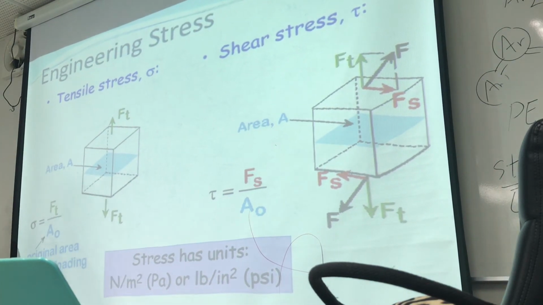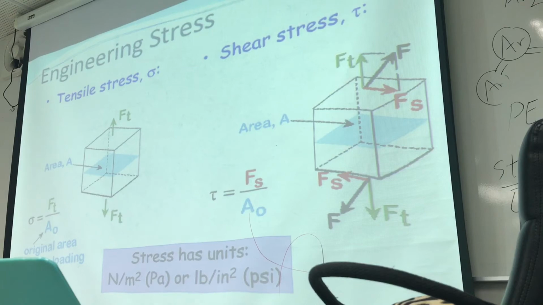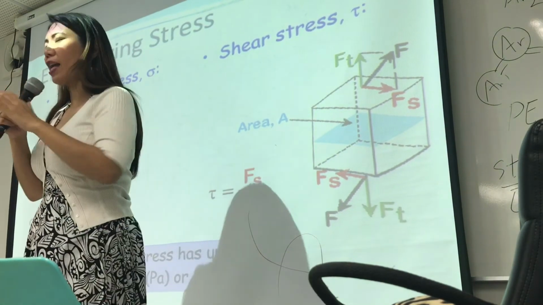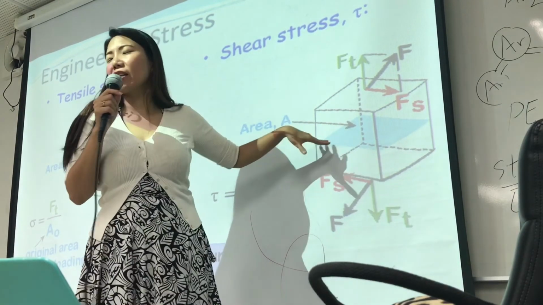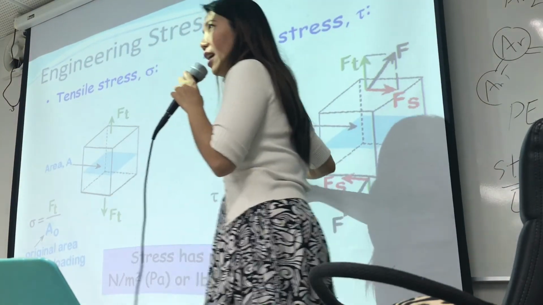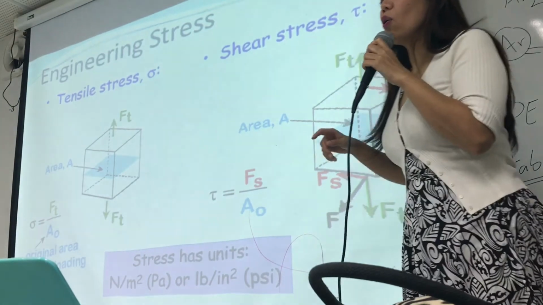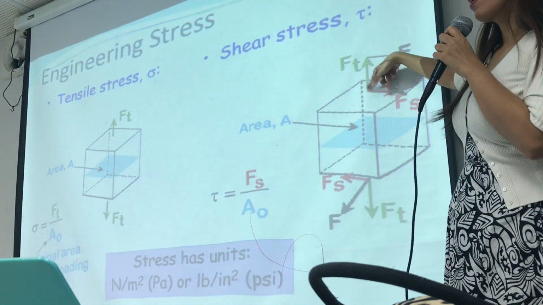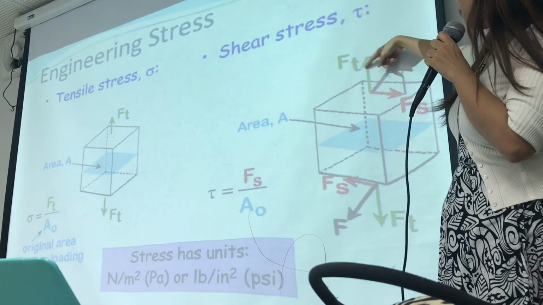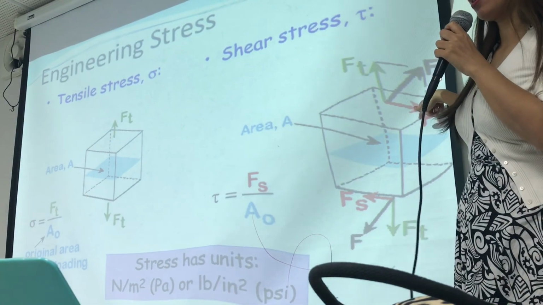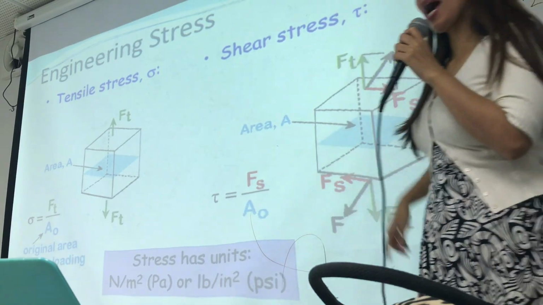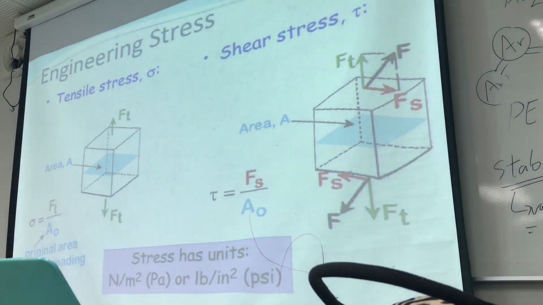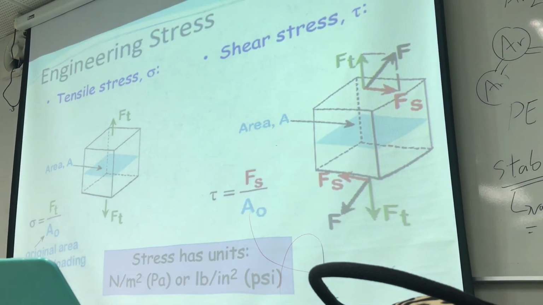How about the shear mode? The force is not going to be perpendicular to the area. So in case the force is like that, we just need to take the force component in this direction. One more time. Tensile mode: force perpendicular to area.